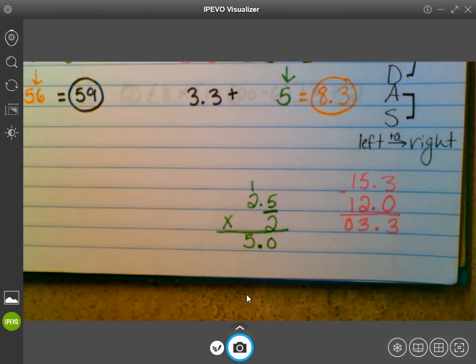Page 739. You are circling numbers 1 through 5, then number 14, and numbers 18 through 20.